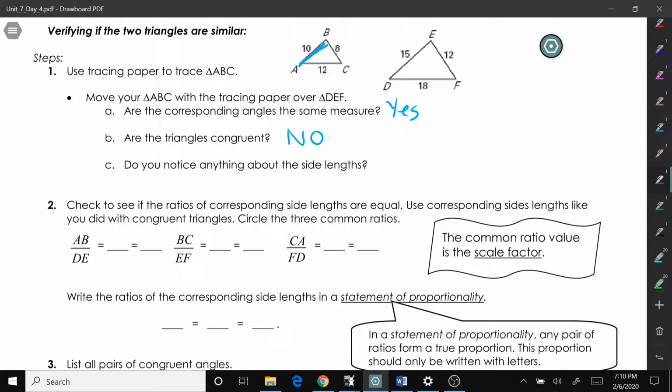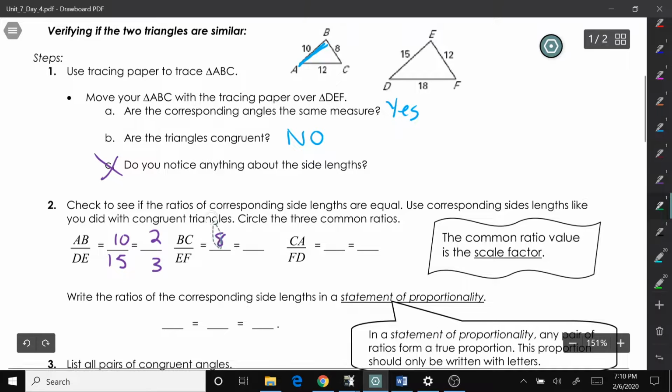So let's look at now number 2. We'll skip that one. AB is 10, DE is 15. Well, we can simplify that fraction to 2/3. BC is 8, EF is 12. That also simplifies to 2/3.